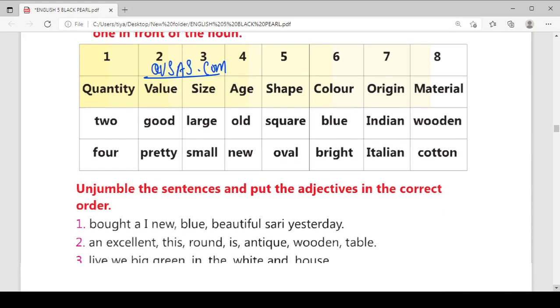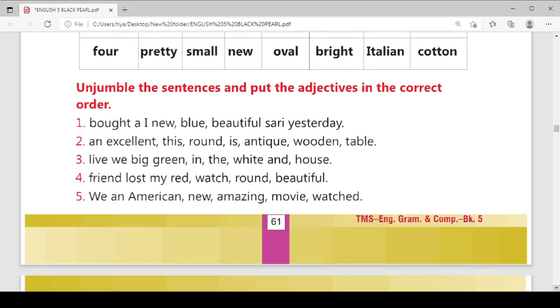Okay, now unjumble the sentence and put the adjectives in the correct order. Just read the sentence and try to understand. Bought a I new blue beautiful sari yesterday.